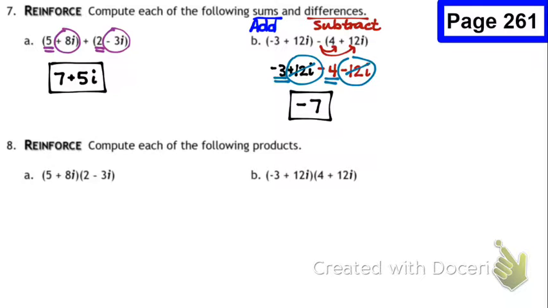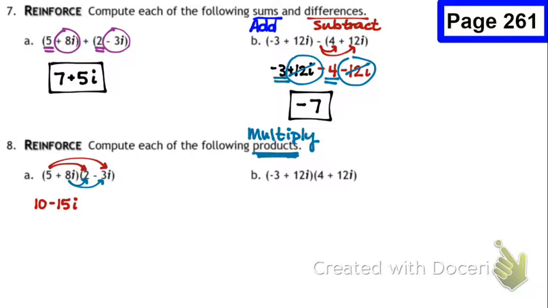What are we doing on number 8? Multiplying. It says product. That means to multiply. How do we multiply these things? Double distribution. So I'm going to take the 5 and distribute it. What do I get when I do that? 10. Negative 15i. And then I need to distribute here.